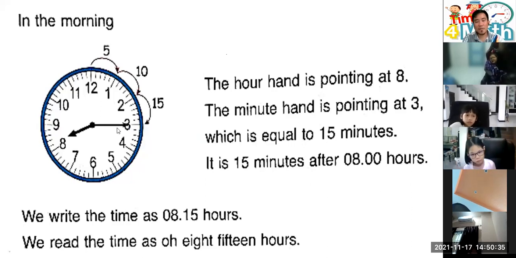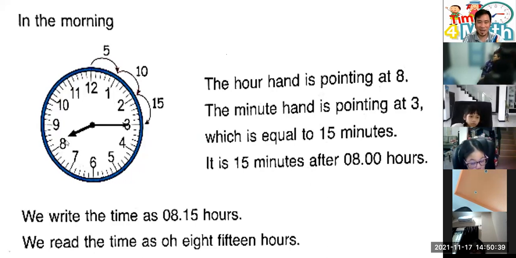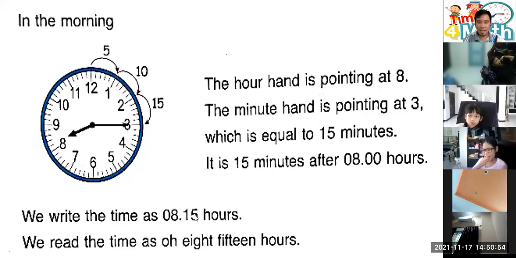So it is 15 minutes after 0800 hours. You write it as 0, 8, and then 15, and we read it as 8:15 hours. This one's in the morning.